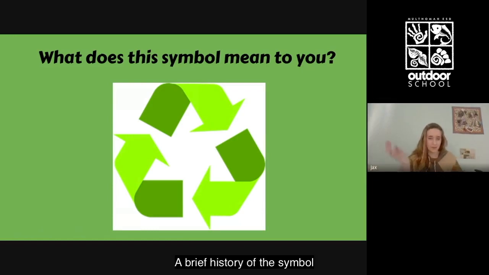A brief history of the symbol, as said on Wikipedia, is that there's a worldwide attention of environmental issues that led to the first Earth Day in 1970. That was almost 50 years, or just over 50 years ago. The Container Corporation of America, which is a large producer of recycled paperboard, sponsored a contest for an art design for students at high schools and colleges across the country to raise awareness on environmental issues.